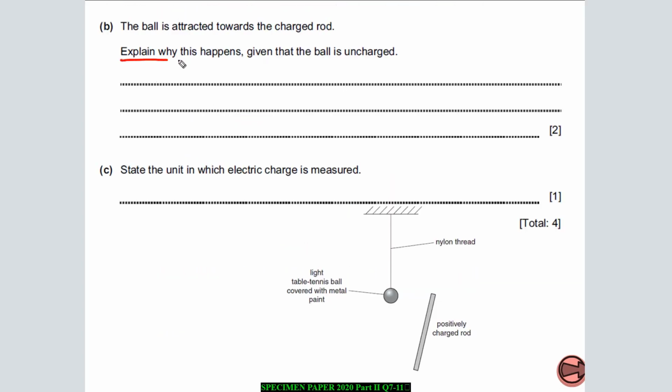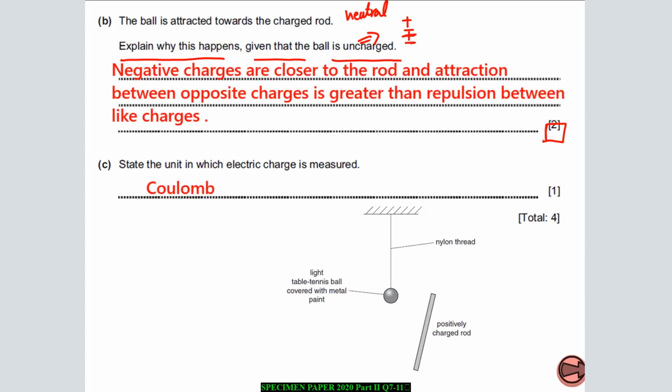Explain why this happened. We need to explain the reason now, given that the ball is uncharged. Uncharged simply means that it has the same number of positive charges and the same number of negative charges, or we can also say it is neutral. So why this happens, here is the reason for that.